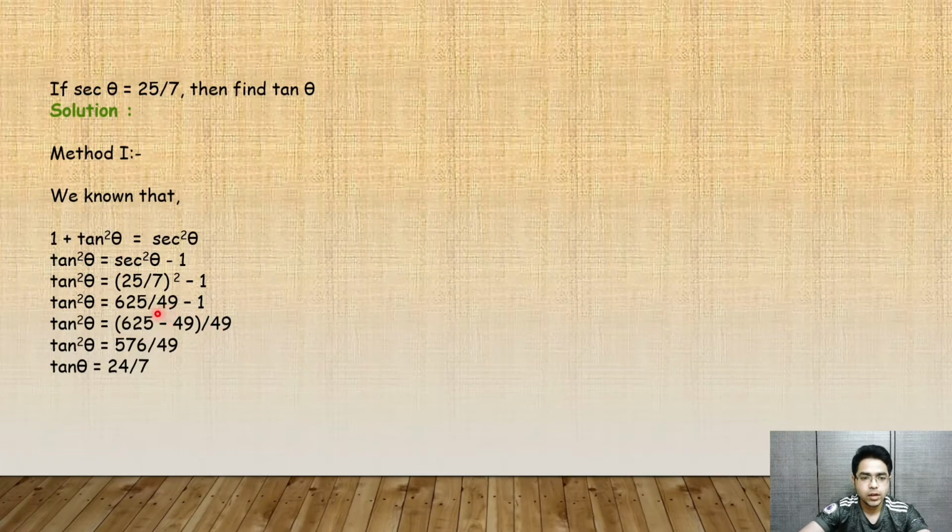As this 49 gets cross multiplied by 1, we get this value. So tan square theta will be equal to 576 divided by 49. Hence we will be getting tan theta is equal to 24 by 7, as we know that the square of 24 is 576 and the square of 7 is 49.